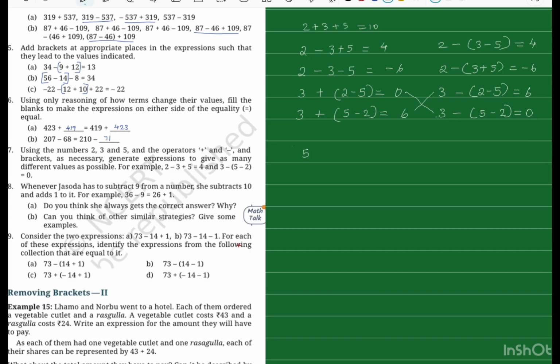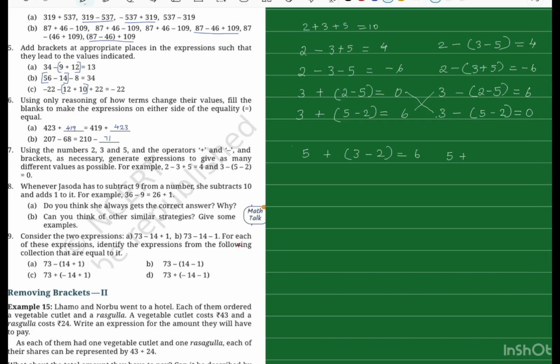Next we can write 5 first, then 5 plus 3 minus 2, that is equal to 3 minus 2 is 1, so 5 plus 1 is 6.